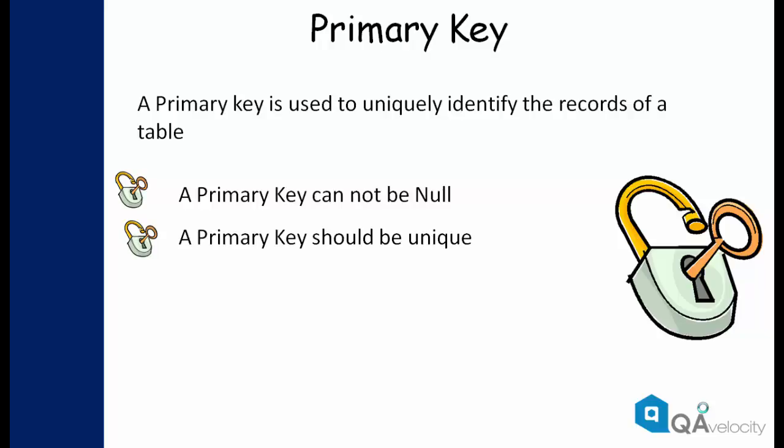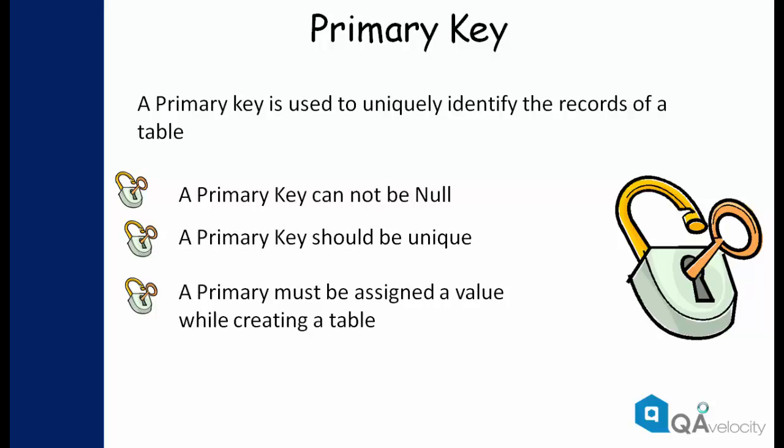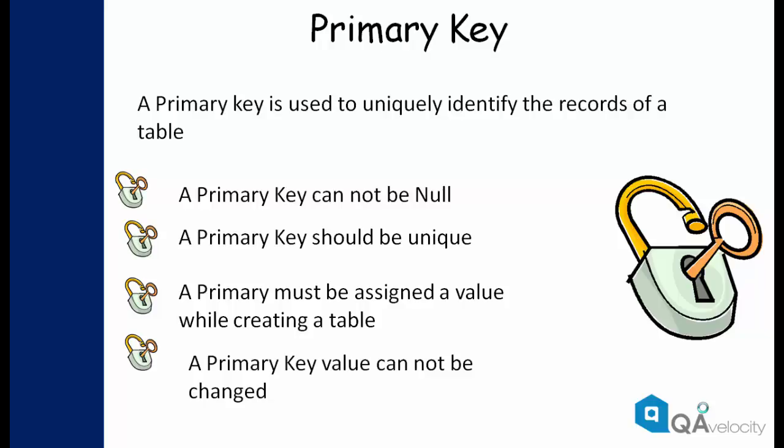It should not be duplicate. A primary key must be assigned a value while creating a table. And a primary key value cannot be changed. So we know the rules of primary key. We'll apply these rules in a later phase of our chapter.